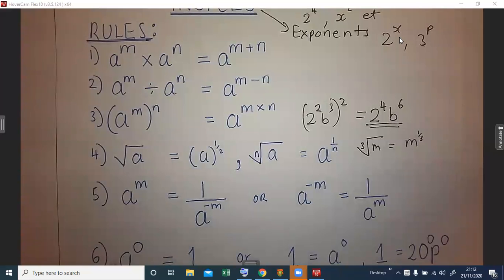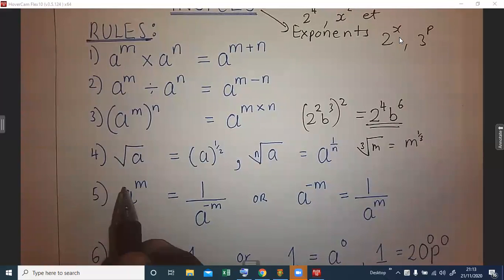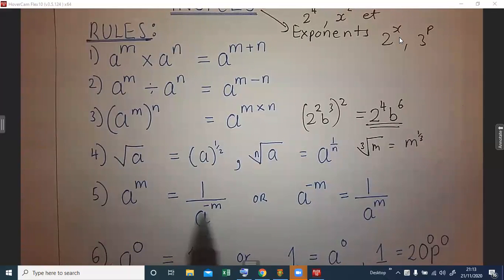Another rule is that when you have a number with a power, if that number with the power is a numerator, you can directly change it to become a denominator by only changing the sign of the power. If the power was positive, change this to become a denominator and make the power negative.